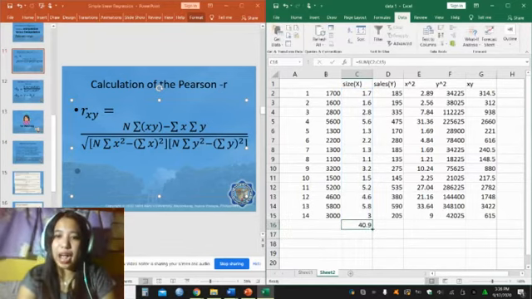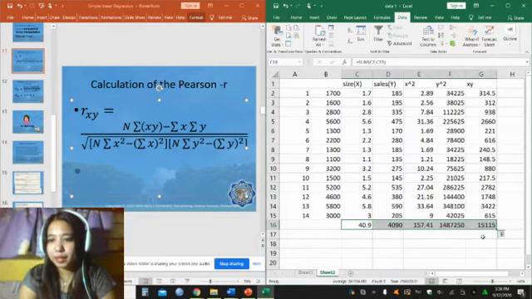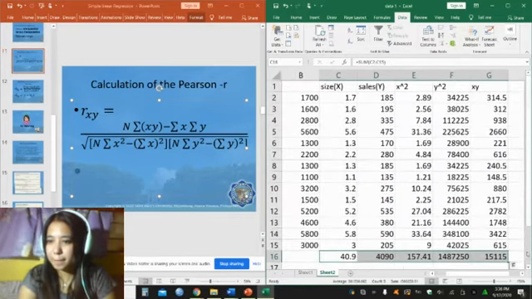And then just drag this because it will get, of course, the sum also for Y, X squared, Y squared, and XY. So we are all set.